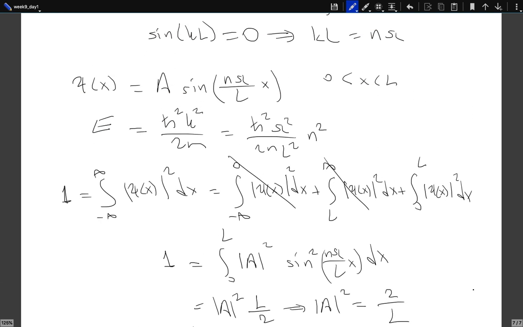True. If you put a particle in a box, its energy can never be 0. No, it's not the potential energy, it's the kinetic energy. You can also interpret it like this. By putting your particle in a box, you are saying that your delta x is L over 2. The particle is at the center with an uncertainty of either plus L over 2 or minus L over 2.